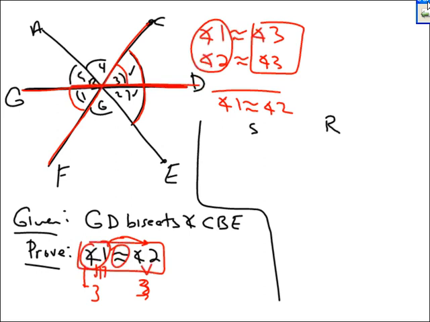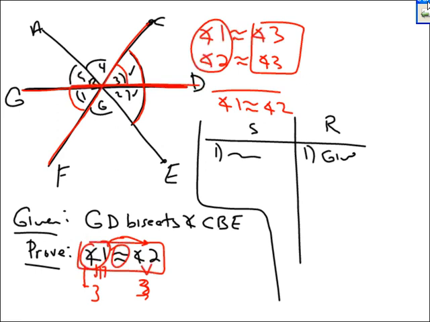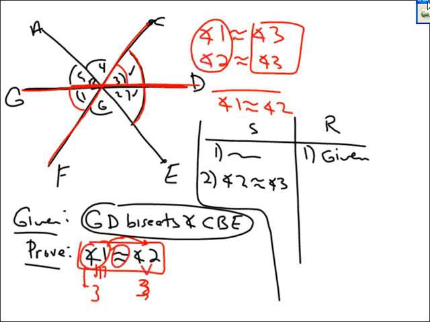Statements, reasons. Number 1 is the given, namely, GD bisects CBE. Okay, so number 2, based on statement 1: angle 2 and angle 3 are equal because a bisector divides the angle into two equal parts.